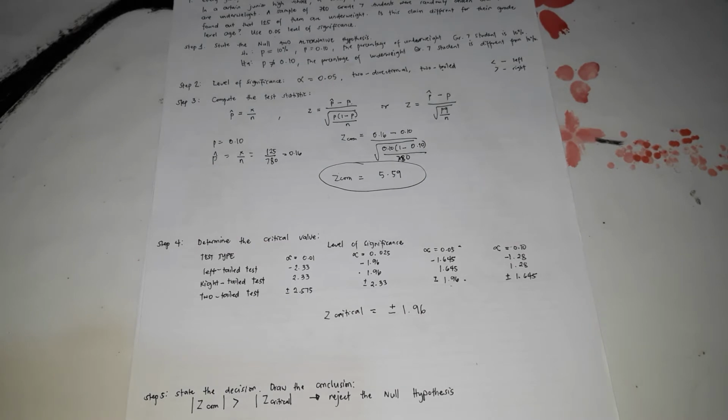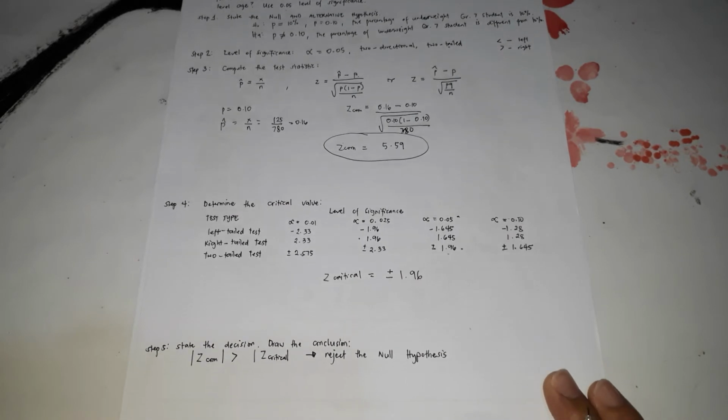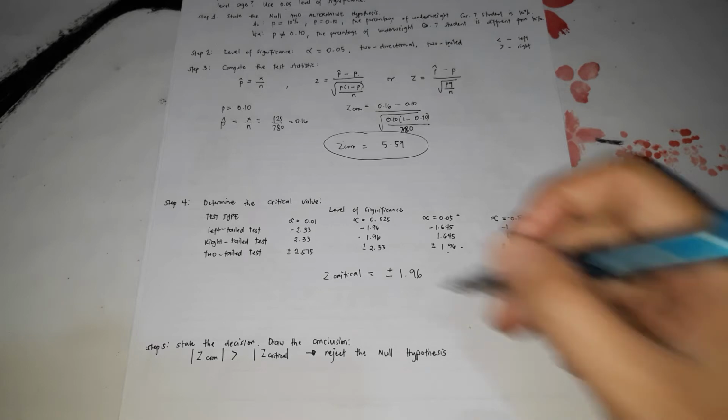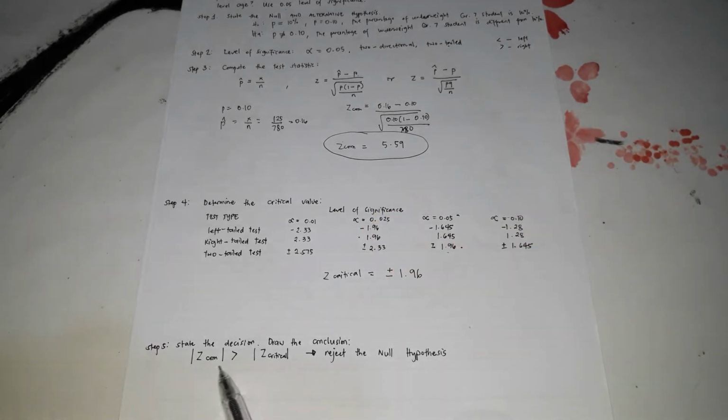For step 5, we're going to state the decision and then draw the conclusion. All you have to do is check that the absolute value of the z computed should be greater than the absolute value of the z critical. This is applicable even if it is left or right tailed.